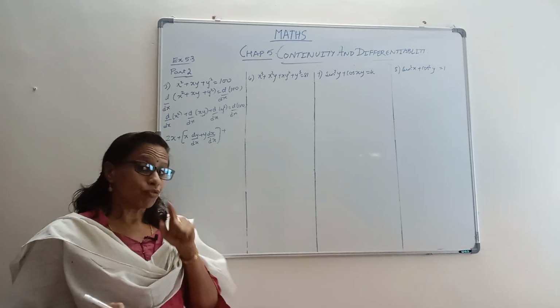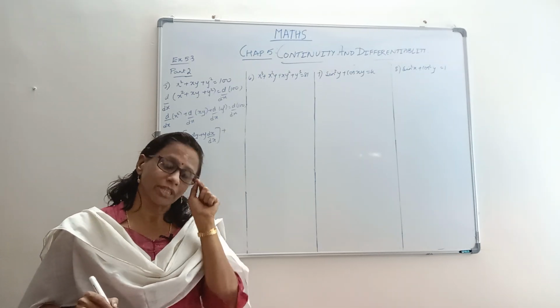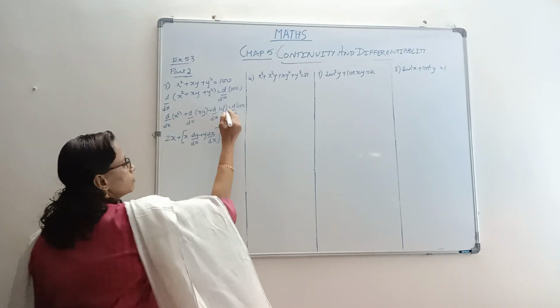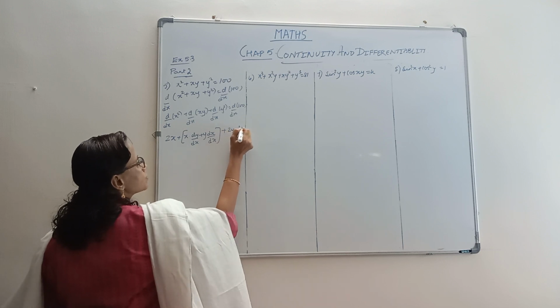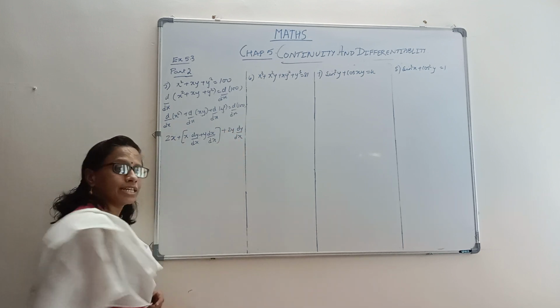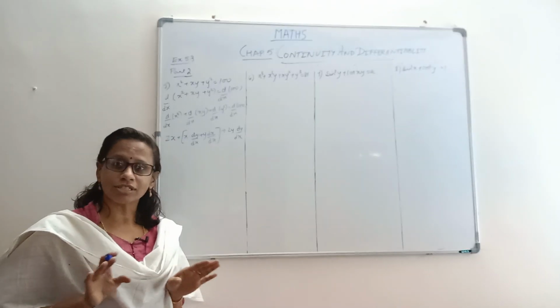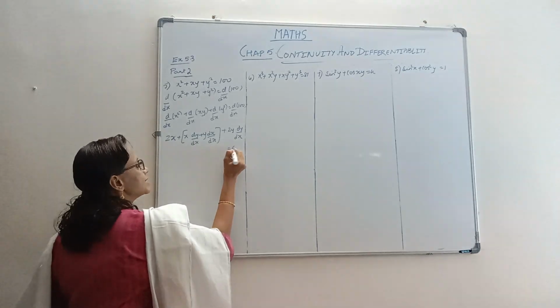Next, the derivative of y squared with respect to x. So first we will find the derivative of y squared with respect to y, then we will account for the x. So the derivative of y squared with respect to y is 2y, but because it is with respect to x, we will also write dy by dx. On the right hand side, fortunately, it's a constant, and the derivative of a constant becomes 0. So the right hand side is 0.